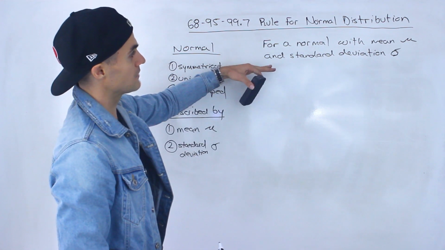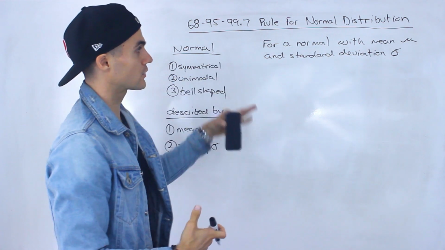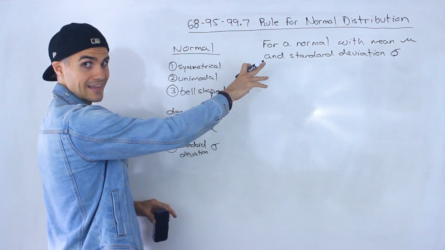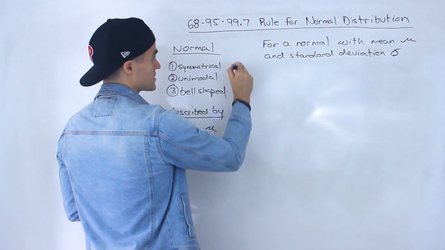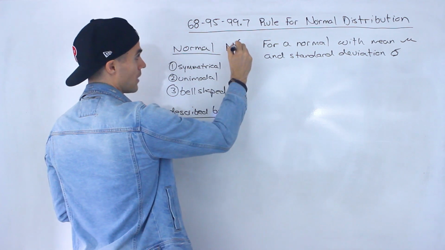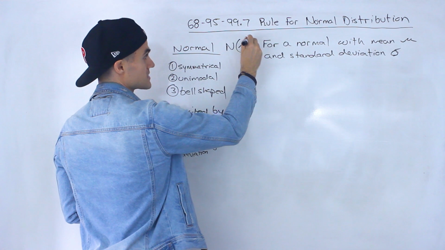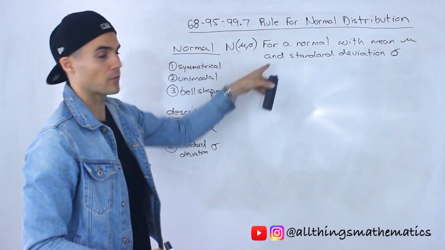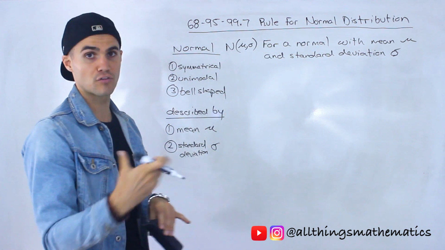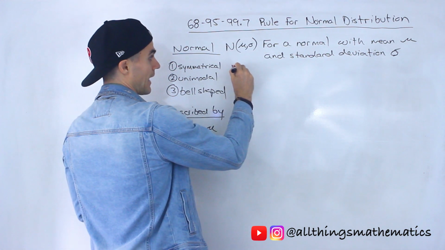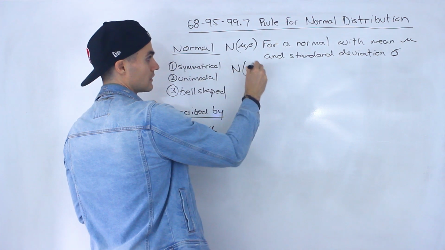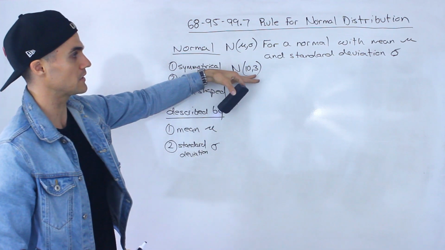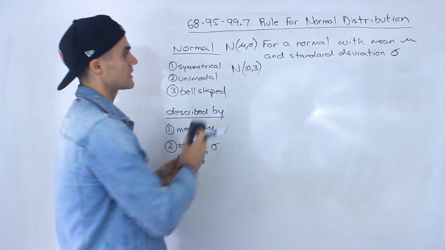And by the way, sometimes they won't give you the characteristics of this normal in words like that. Sometimes they may represent a normal with a bracket, and they'll put the mean here and then the sigma. Lots of textbooks do it like that. So instead of saying a normal with a mean of 10 and a standard deviation of 3, sometimes they'll just put an N and put 10 and 3 like that. So sometimes a normal will be described by words, sometimes in this notation. Let's keep it in words for now.